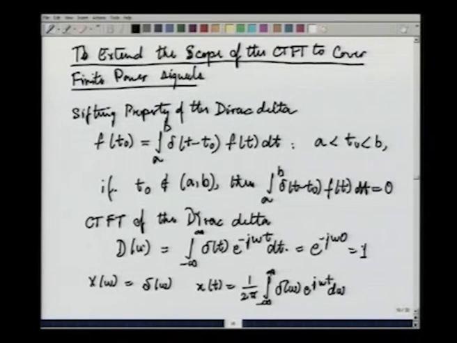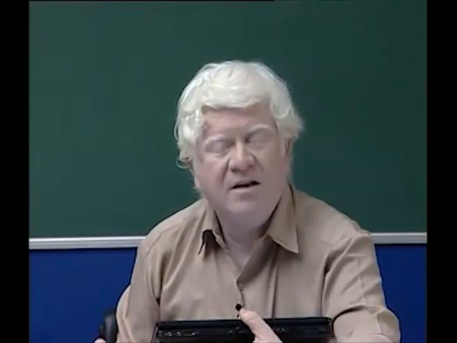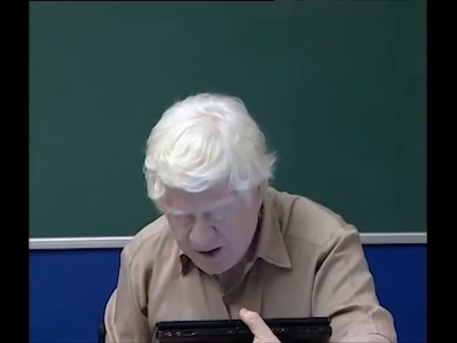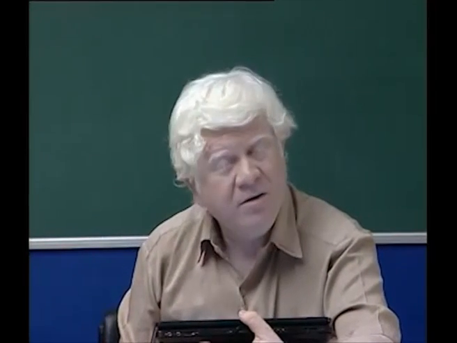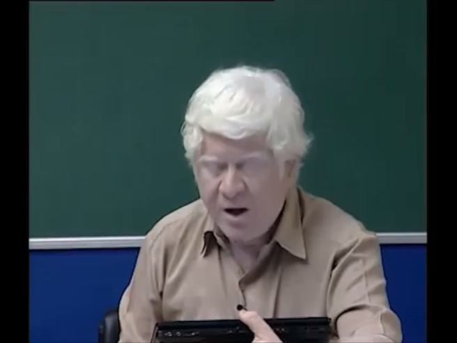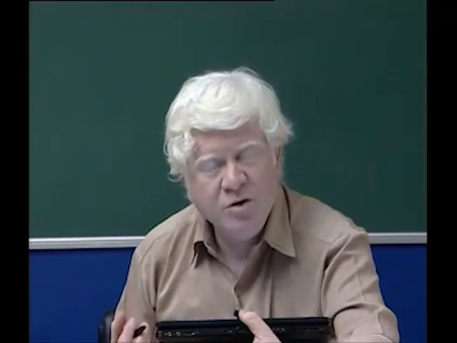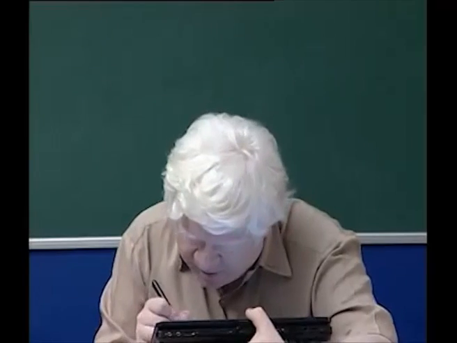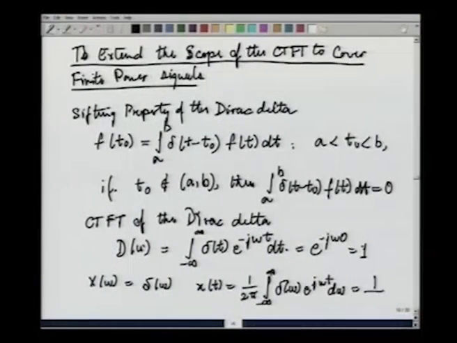So, if the impulse occurs at omega equal to 0, you just evaluate the companion function in that place and that gives you the answer. The companion function is e to the j omega t. Set omega equal to 0, you get unity, and therefore, this evaluates to 1 by 2 pi.